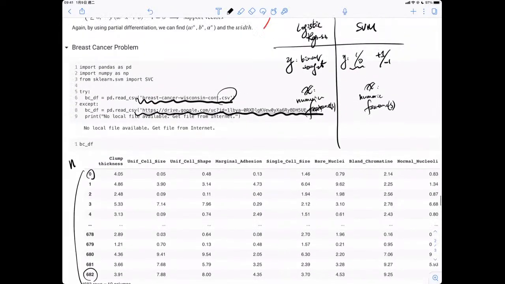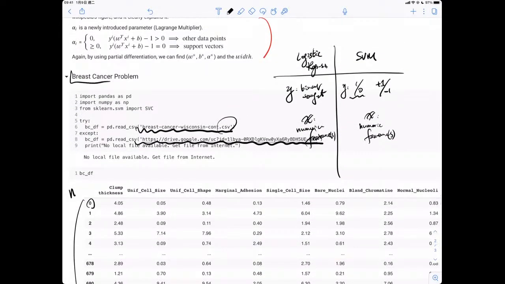The target name is type, and in this example we only select 2 features to perform SVM. That is easier. So we select feature 0 and feature 1, which are the cell size and cell shape. This problem is called the breast cancer problem, so it's quite easy.